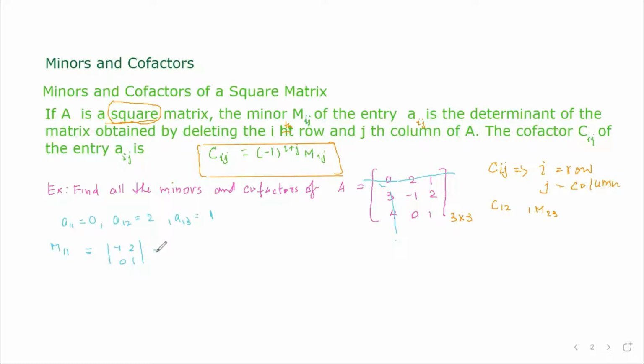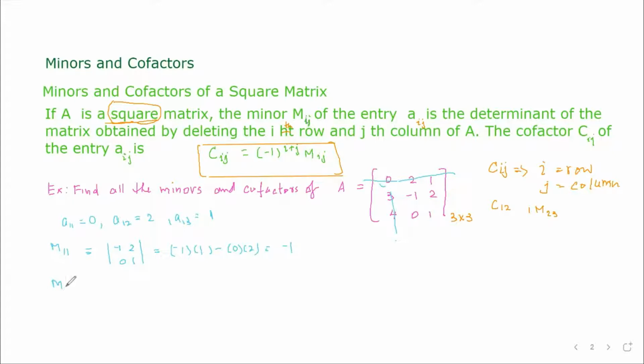So then you get something that looks like a determinant. After this you just use the determinant formula: negative 1 times 1 minus 0 times 2, so equal to negative 1. So this is M11, the minor of first row, first column.